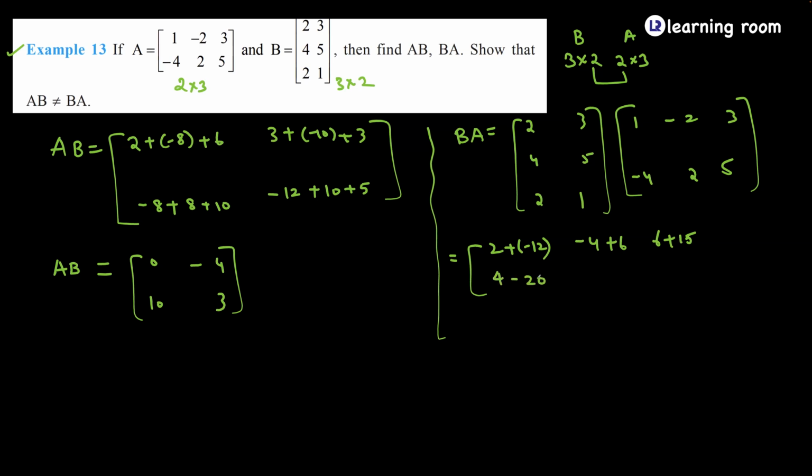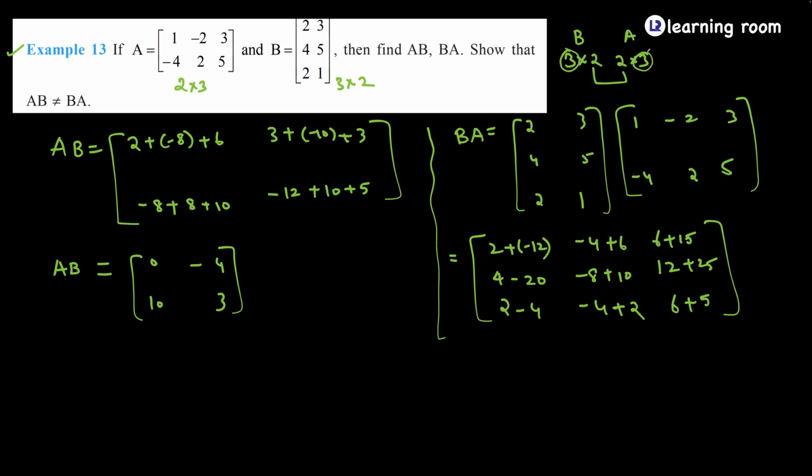So minus 8 plus 10. 12 plus 25. So what about this? 2 minus 4. Minus 4 plus 2. 6 plus 5. Right? So obviously you are expected to get a 3 cross 3 matrix. So 3 cross 3, that is what we got.